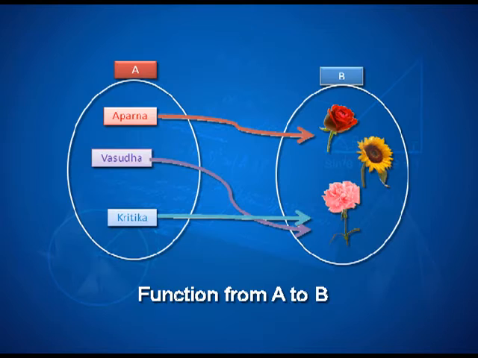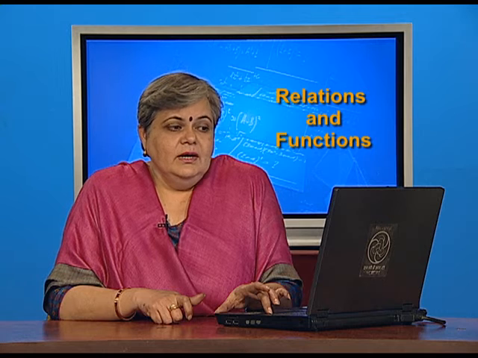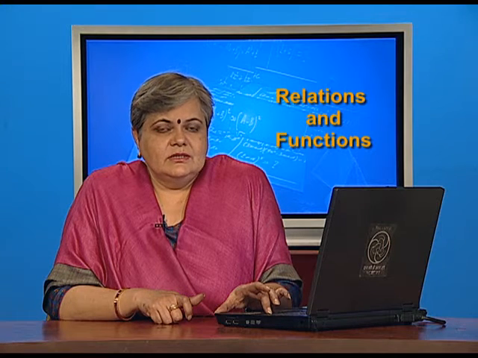That is allowed. So, one and only one flower from the set B is related to the person Kritika or Vasudha or Aparna. So, Aparna cannot like two flowers, and such a relation is called a function.